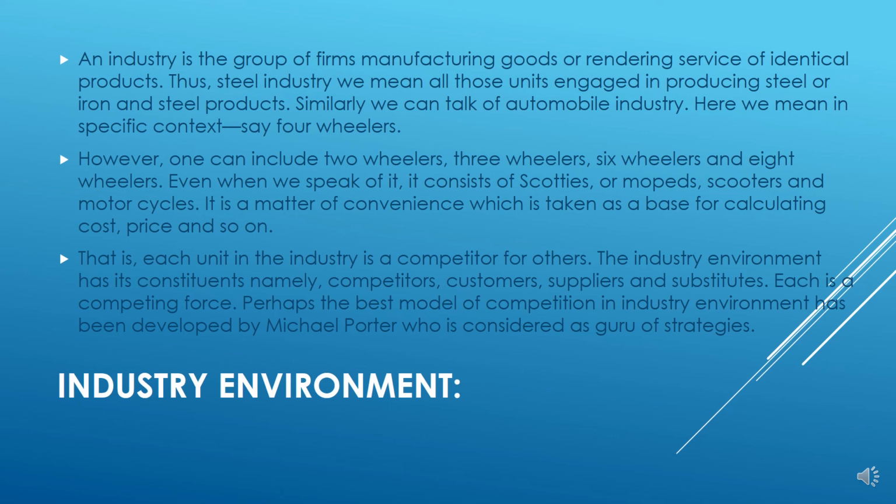But one can include two wheelers, three wheelers, six wheelers, eight wheelers. Even when we speak of two wheelers, it consists of scooties or mopeds, scooters, motorcycles, battery operated two wheelers. So it is a matter of convenience which is taken as a base for calculating costs and prices and so on. And hence each unit in the industry is a competitor for the other.